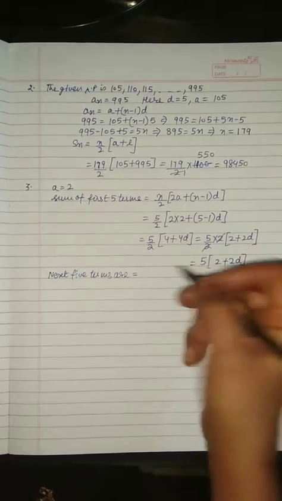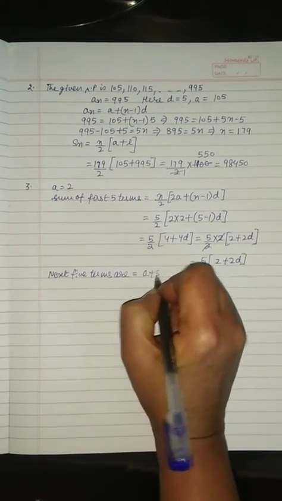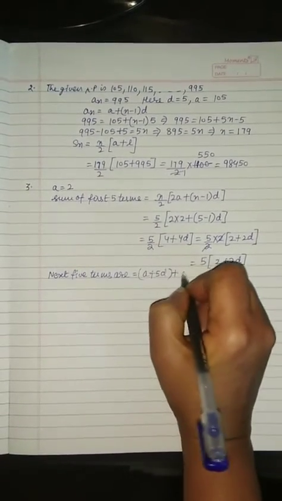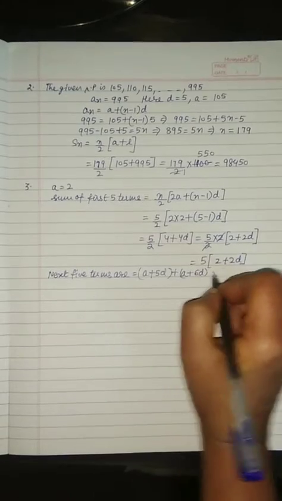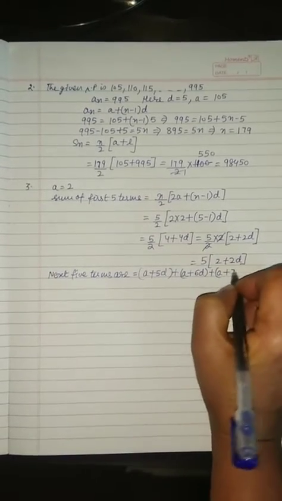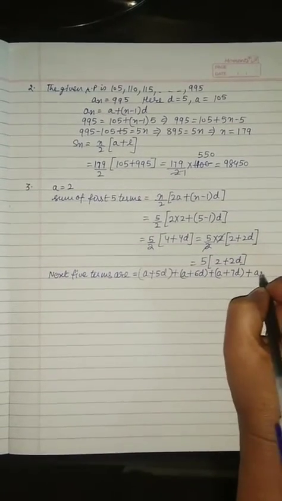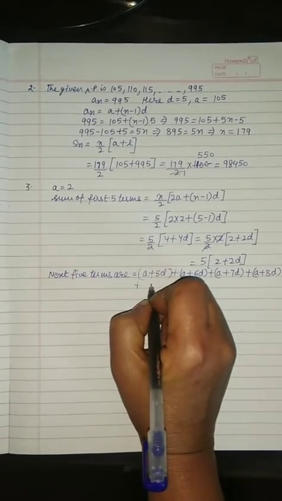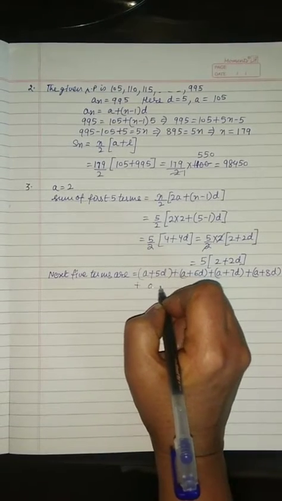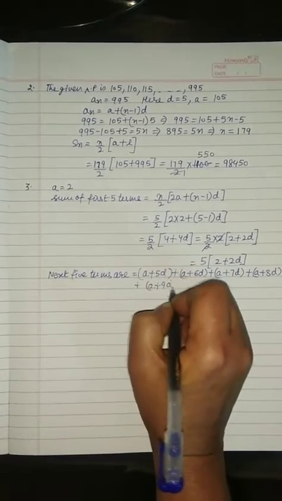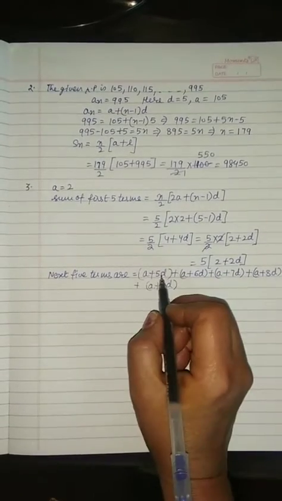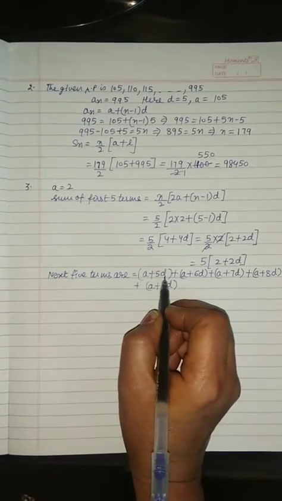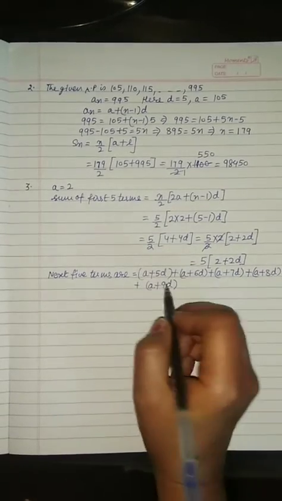So the sixth term will be a plus 5d, then a plus 6d, a plus 7d, a plus 8d, and then the last a plus 9d. These are the next 5 terms. A plus 5d means the 6th term, then 7th, 8th, 9th and 10th.